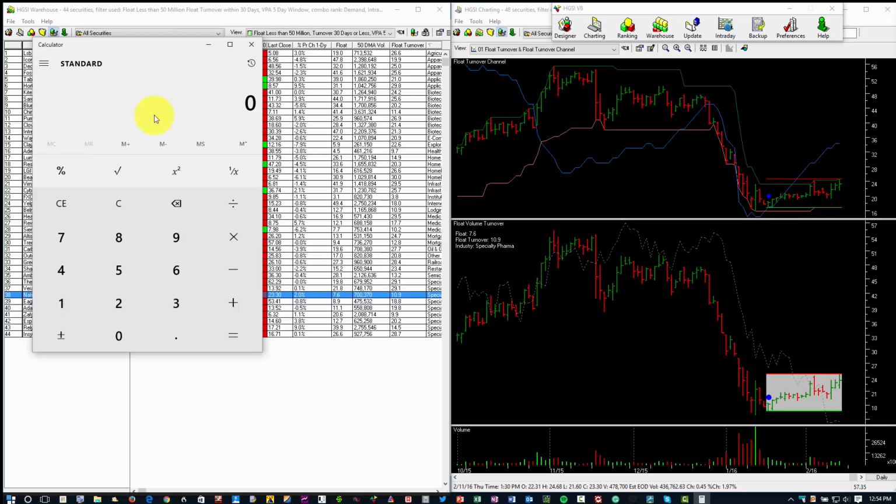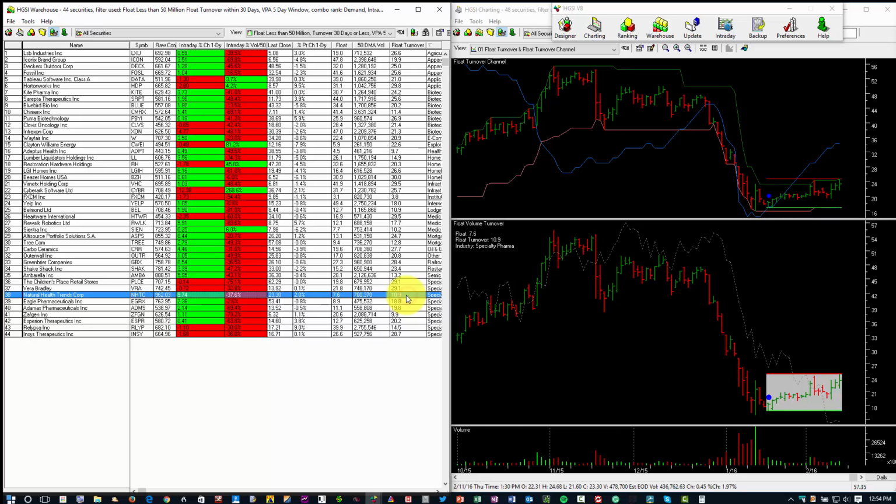So I'm going to put the number 7.6 in here, and I'm going to divide that by 700,370 equals this number, and then I'm going to multiply that by 1 million, and I'll hit my enter key, and if we round this off, this would be 10.9 for the float turnover, or the average number of days that it takes for the volume to turn over the outstanding float of this stock.